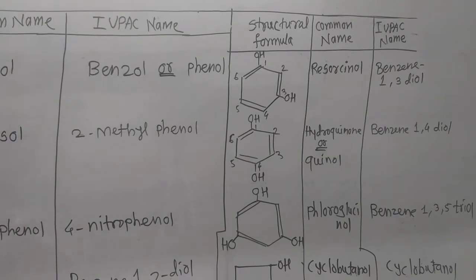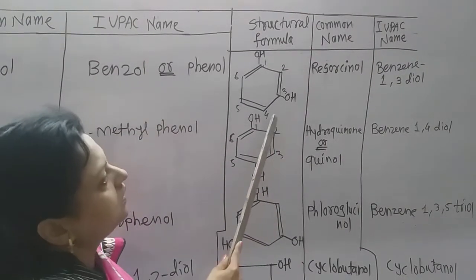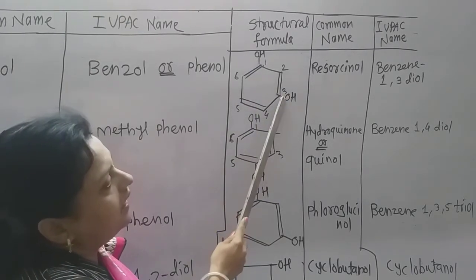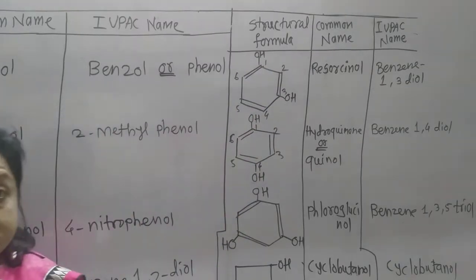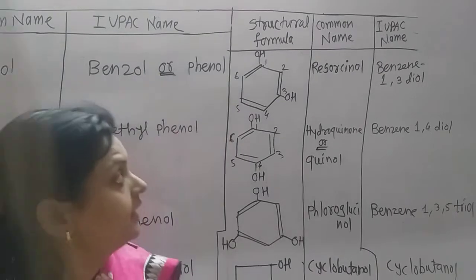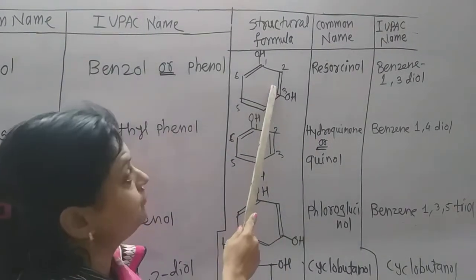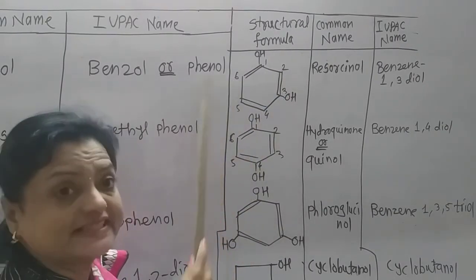Now see another aromatic phenol. Here the OH groups are at the meta position to each other. The numbering is given from this OH group: 1, 2, 3, 4, 5, 6.